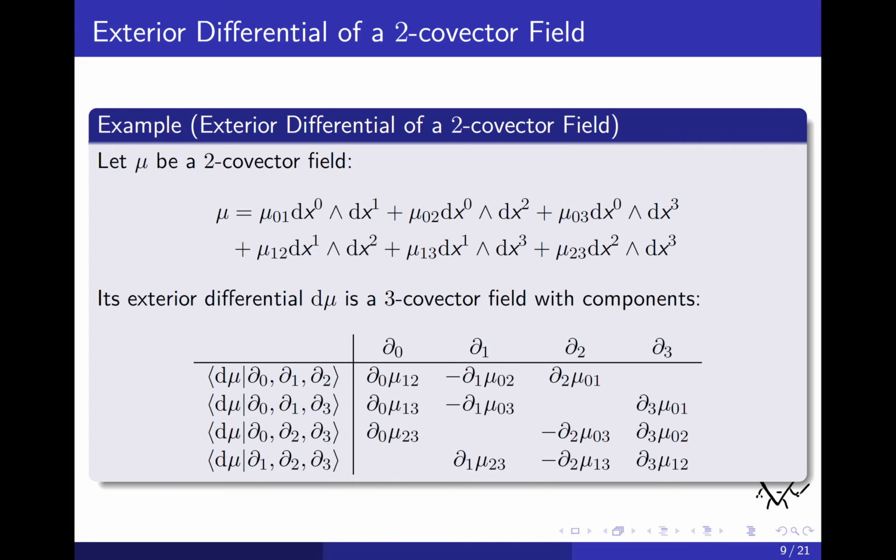Similarly, the exterior differential of a two covector field has 4 components, and for each component you get 3 partial derivatives. And you see that the indices are a permutation of 012, 013, 023, and 123. And you see that there are different signs.